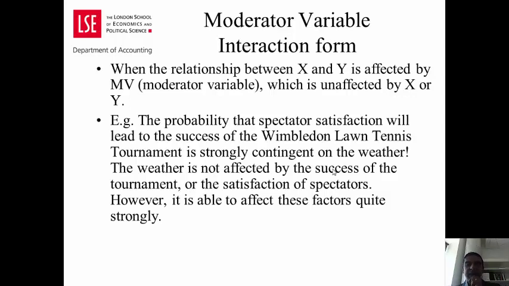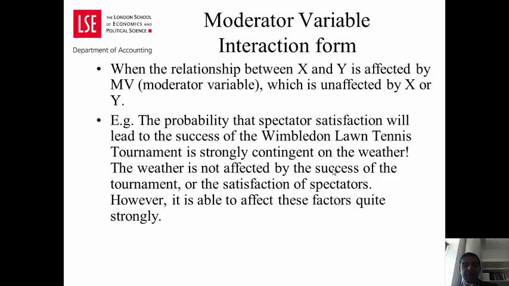It's not that your satisfaction is higher or lower just because of the weather. It could be that the way your satisfaction is driven by the events of the Wimbledon lawn tennis tournament is impacted by the weather, and therefore your satisfaction accordingly impacts the success of the Wimbledon lawn tennis tournament differently.